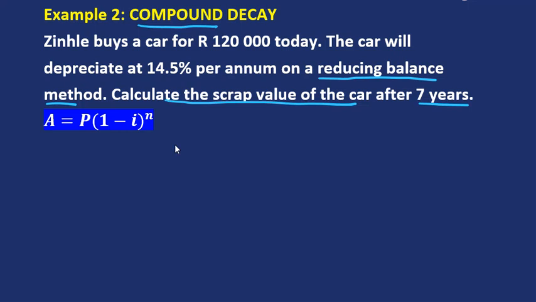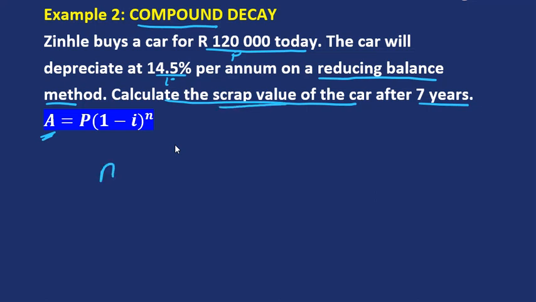Alright, so let's see what we've got. We've got 120,000 today. So that's P. Remember, present value is always P. And we've got the depreciation rate, of course this will be our i, of 14.5%. So we also got n. So what we want to calculate here is A. We want to calculate the value or the scrap value of this car after 7 years.